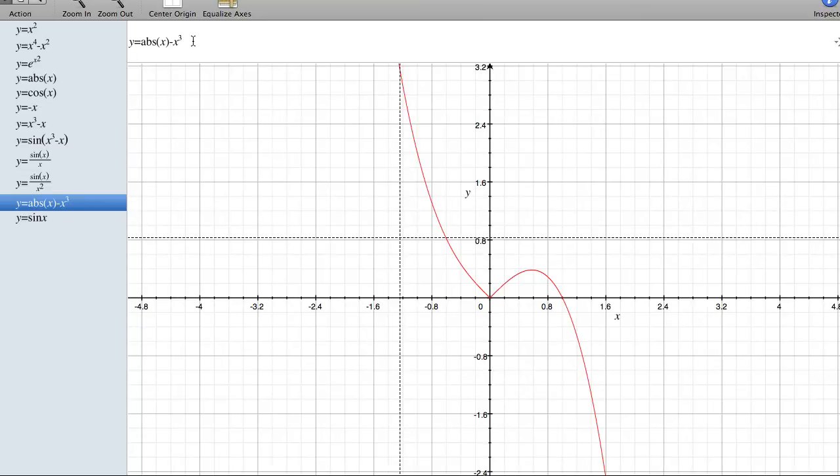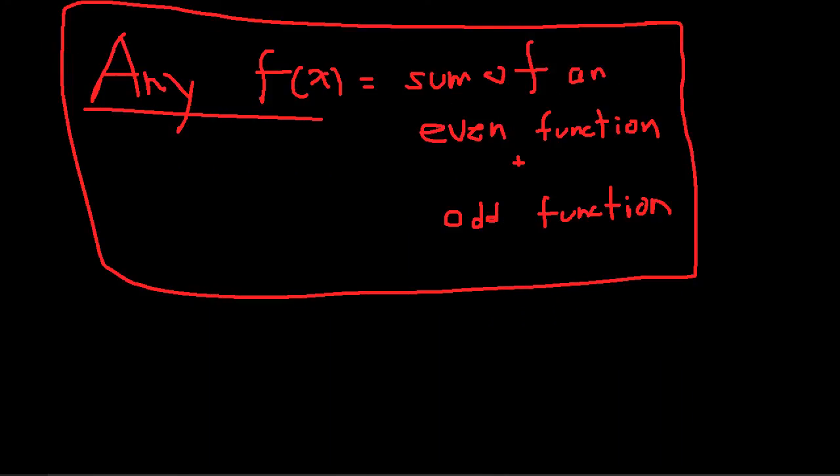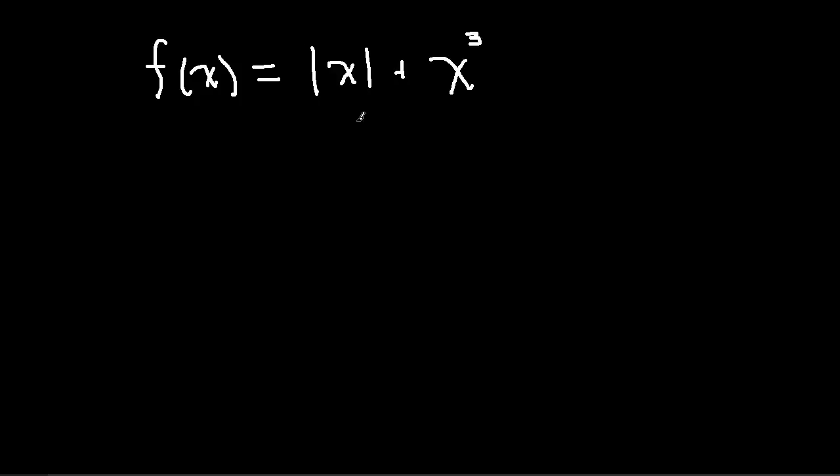Okay, so let me write that out. Y, here's our function, f of x is equal to absolute value of x plus x cubed. Well, right off the bat, maybe you recognize an absolute value of x is an even function, and that x cubed is an odd function.